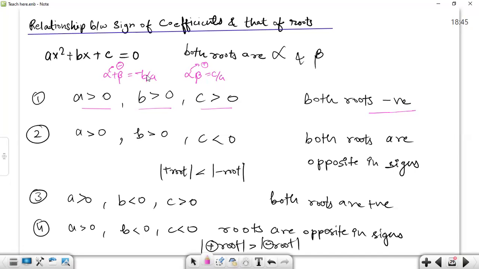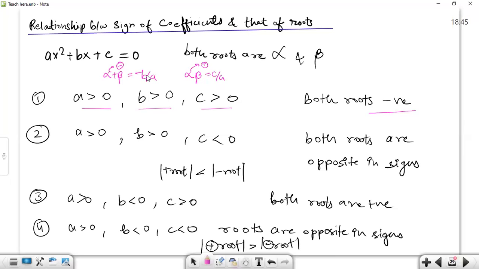For clarification out of these two conditions, we'll have to refer to the product of roots. Now here the product of roots is positive, so the first scenario is wiped out. If one root is negative and another is positive, then the product will be negative. So it is not the scenario here as per our second conclusion.